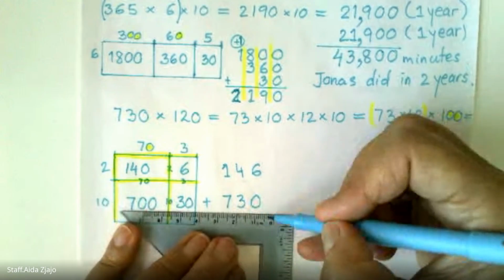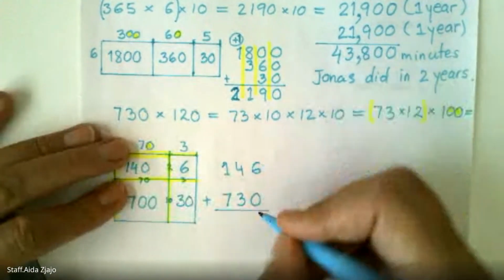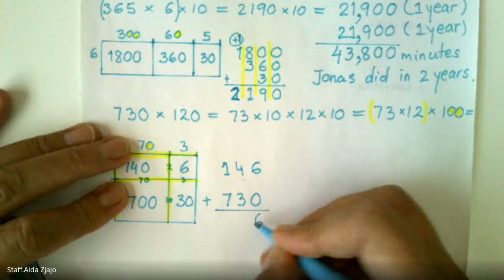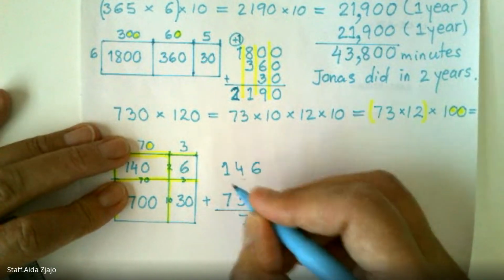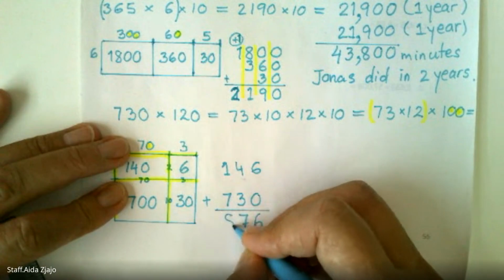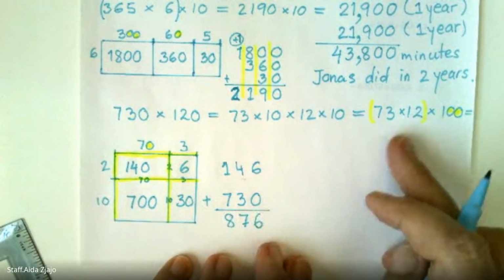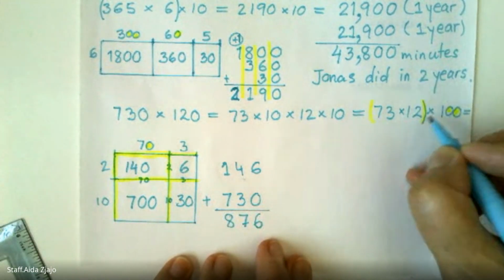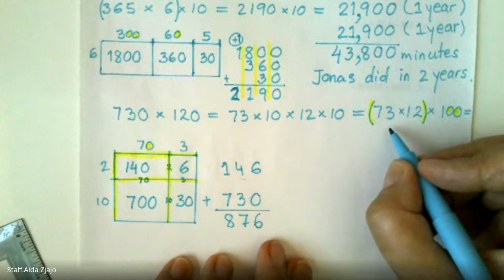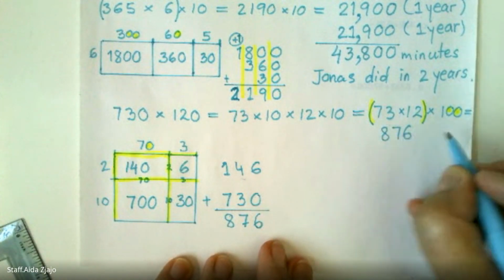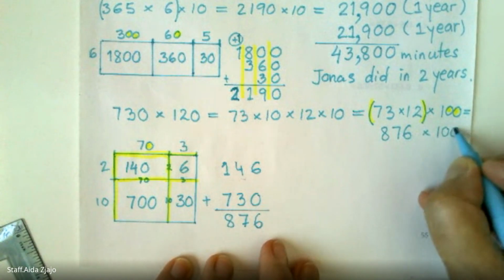All right. So 6 plus 0 is 6. 4 plus 3 is 7. 1 plus 7 is 8. 876. So now I know that this product is 876, but I needed to multiply by 100.